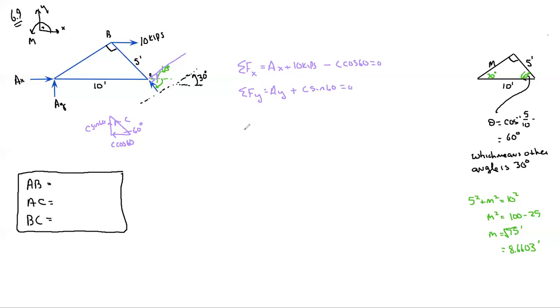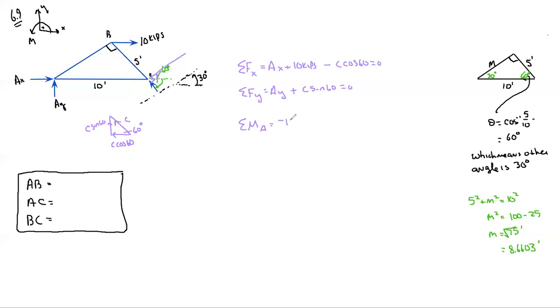What if we take summation of the moments about point A? That means AX would not be a player, AY would not be a player, and CX would not be a player. So it only gives us two players.